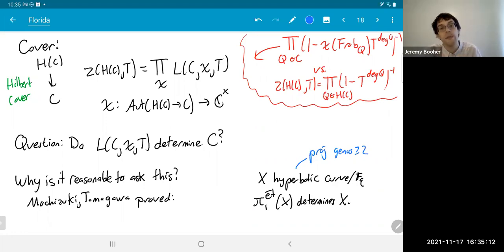It tells you basically about all the covers of X. And so since the Hilbert cover is sort of a maximal cover in some precise sense, it's not so outlandish that information about the Hilbert cover would be enough to tell you about your original curve.